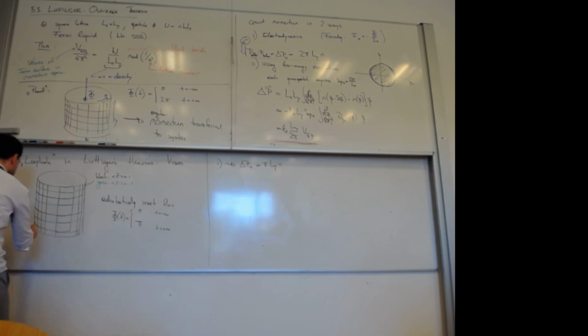The lowest line. Inserting a flux pi means that as you go around the circle, you somewhere have to pick up a -1. And of course, to get this in the language of the excitations of the toric code, by inserting this magnetic holonomy here, you have essentially applied a string of x's on this line.